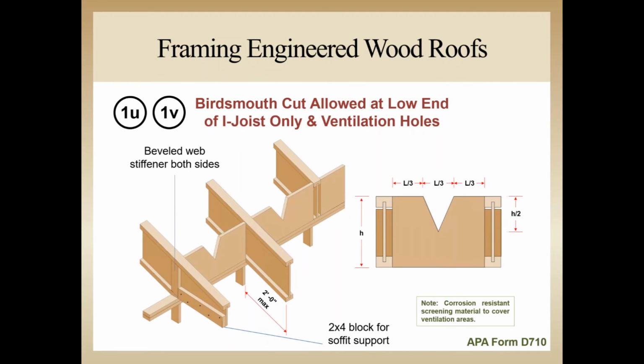If this area is not protected by a vented soffit, then a perforated mesh of some kind should be placed over the cutout area to keep insects and birds from nesting in the area under the roof. Keep in mind that energy codes are encouraging the use of deep insulation over the top plate of the exterior walls, so the cut should not extend below the thickness of the insulation in those areas.